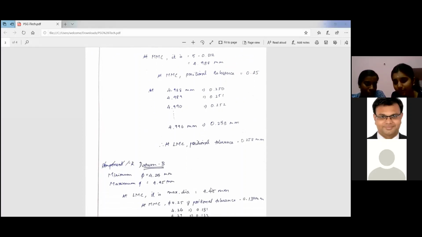So first, usually we'll select the surface of... One second, maybe you can also see the question. Yes, sir, we are seeing, sir. Shall I start, sir? Yes, sir. For choosing the primary datum, we'll choose the side which has more area. That is, we'll choose the flat side, so that it can be placed on the inspection table.